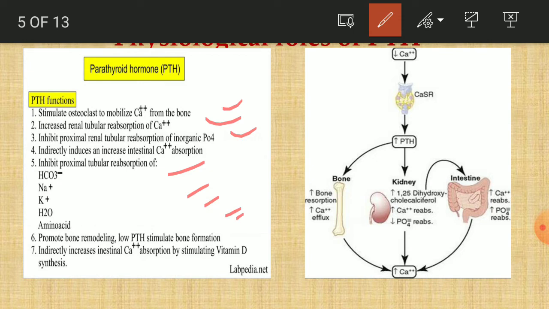It promotes remodeling. Low PTH stimulates bone formation also, and indirectly increases intestinal calcium absorption by stimulating vitamin D synthesis, as I have mentioned.